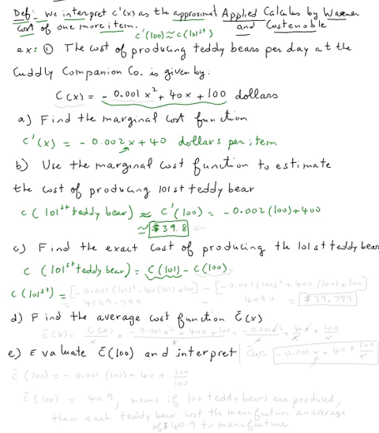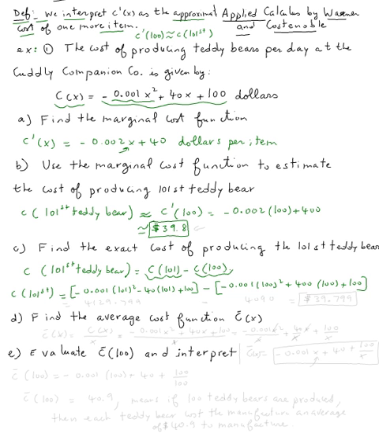So it's negative 0.001 times 101 squared plus 40 times 101 plus 100. That's just C of 101. Now we need to do minus C of 100. Again, we plug 100 into the original cost function, and you'll get negative 0.001 times 100 squared plus 40 times 100 plus 100.